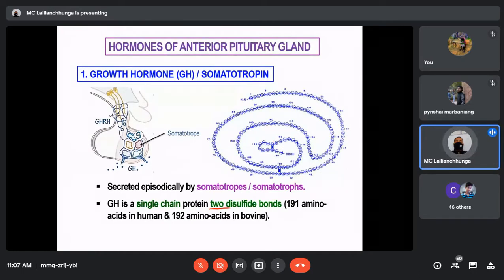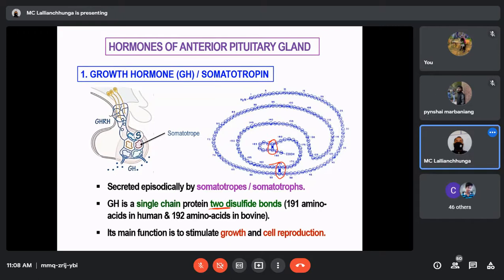This is the first one, and here is another one, so there are two disulfide bonds. Usually growth hormone consists of 191 amino acids in human beings, and in bovine, the number of amino acids in growth hormone is 192.